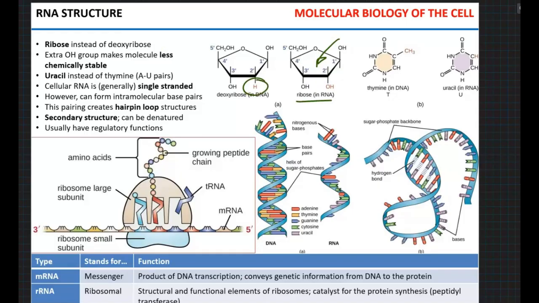In DNA, at the 2' carbon, you have a lonely hydrogen atom. In RNA, it's OH. The RNA molecule is unstable, specifically because of that group.